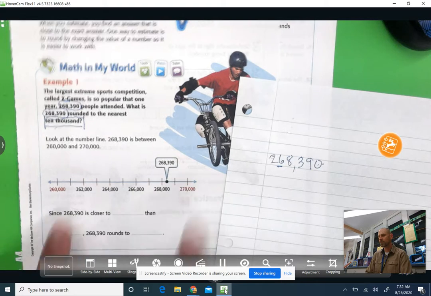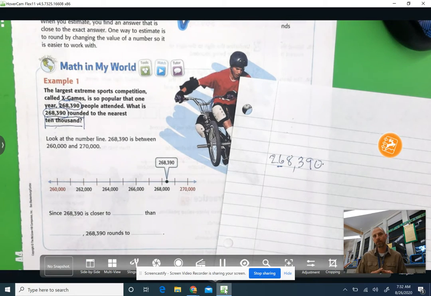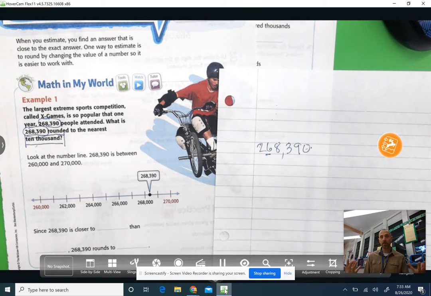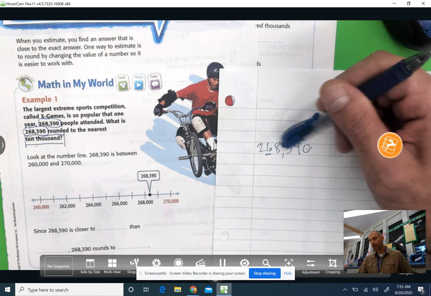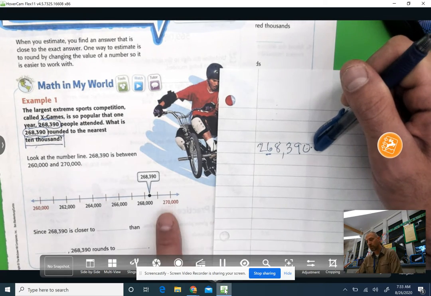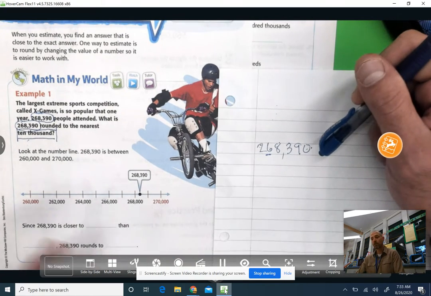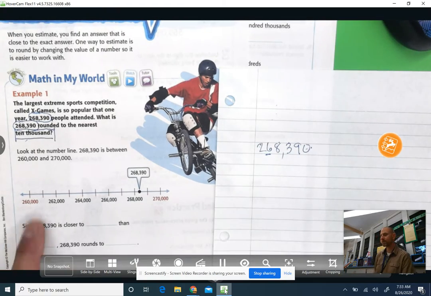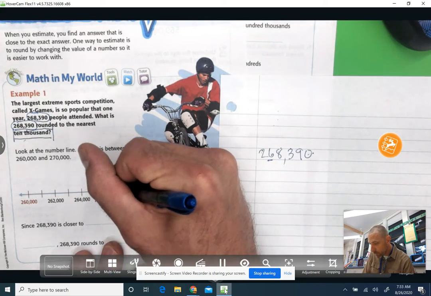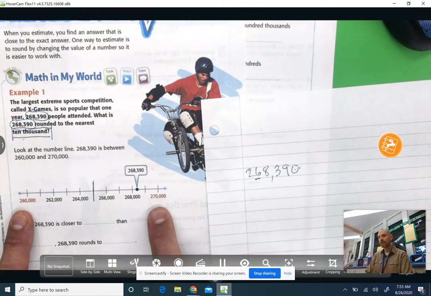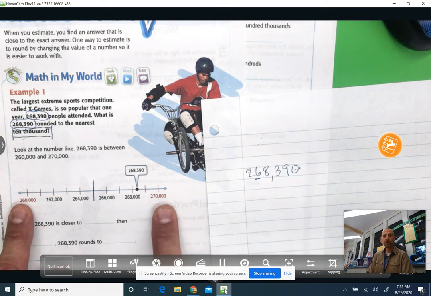And so the two numbers we're surrounded by here are 260,000 and 270,000. Okay, and our job is to figure out, is 268,390 closer to 270,000, or is it closer to 260,000? And one of the helpful things to do is find your middle number. Okay, what is this number that's in the middle between 260,000 and 270,000?